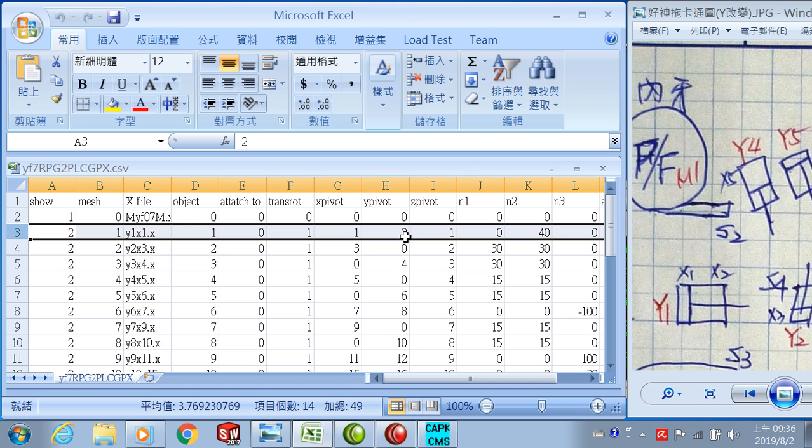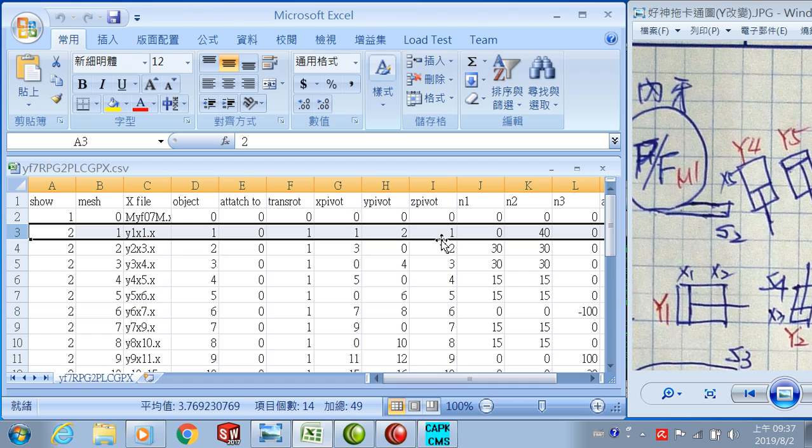The upper limit sensor is put down at the Y pivot position. Y pivot is 2, which means the upper sensor is PLC input 2 S2.